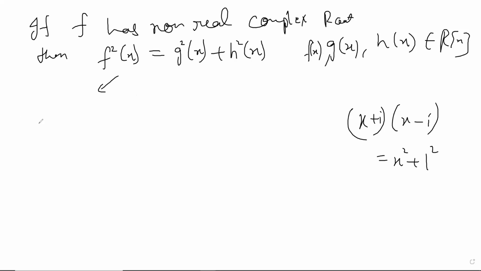So let's think about it, right? Forget about the real roots for a second. If you have a root like this, and you may have factors like x plus z and x plus z bar, how do you write it as sum of squares, I mean, of polynomials?